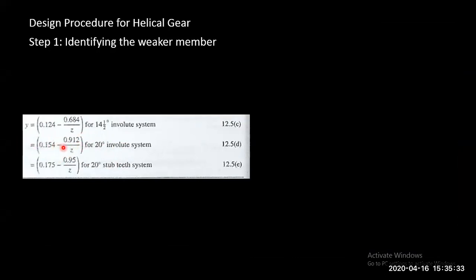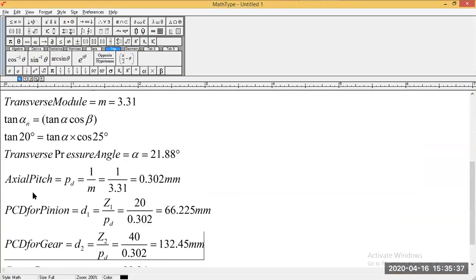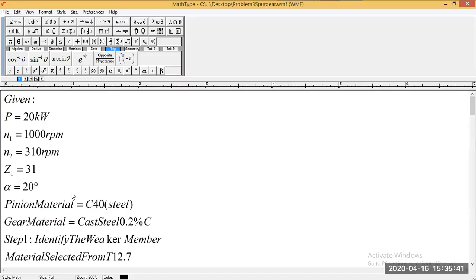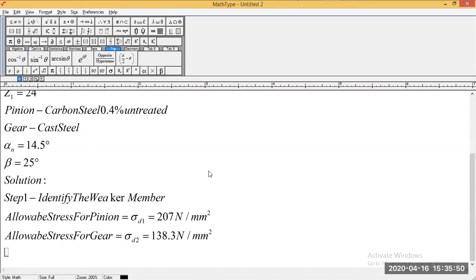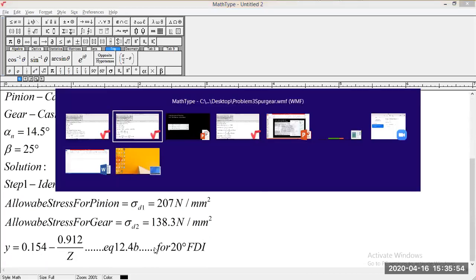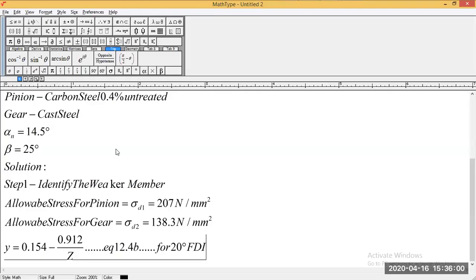So y1. Yeah, the same formula which I have. Okay. So next is this thing. So from the PPT, I've chosen this formula here for 20-degree. Okay.